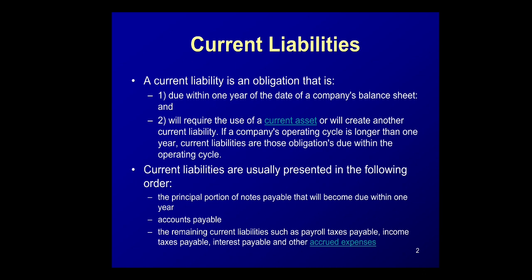So in the balance sheet, you have to show the account payable. After the account payable, you have to show the other current liabilities. For example, tax payable, income tax payable, if the business has to pay income tax, interest payable, and other accrued expenses. I think you have learned in class.